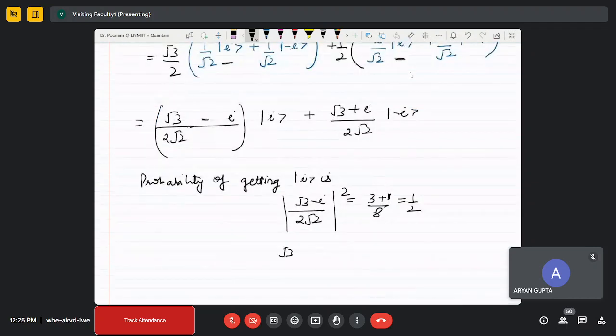Any idea why I have written it in this form? It is also 3 plus 1 upon, which is 2. So that means for the y-axis, it is at equidistance because it has the inclination with the x. So for y, it has a 90 degree or equidistance mode. Is it clear?